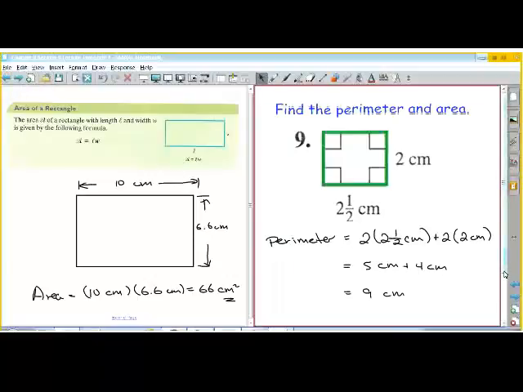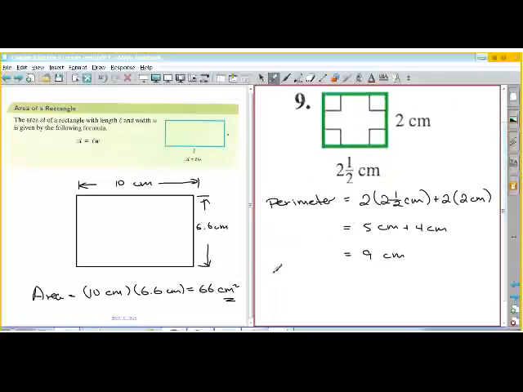The area of a rectangle is just the product of the two dimensions. So the area is just equal to 2½ centimeters times 2 centimeters, which is 5 centimeters squared.